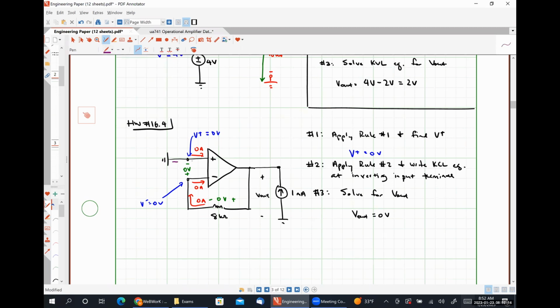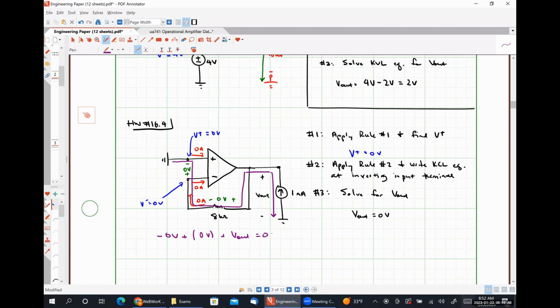So if I start here, I go across this gap, I go across my 8 ohm resistor, and then here, going from ground to ground, I have -0 volts plus -0 volts plus V out is equal to 0, which means simply that V out is equal to 0.